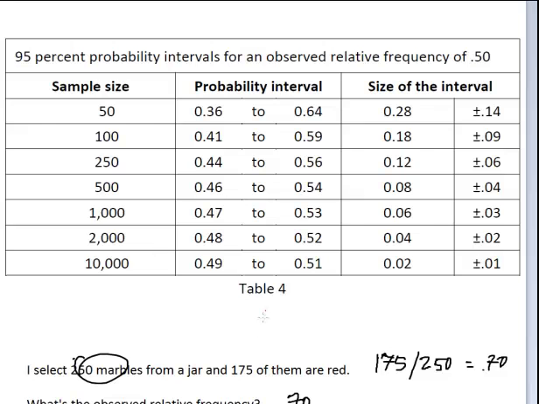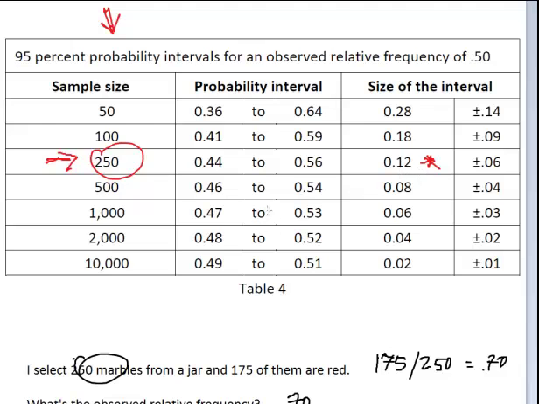So the first thing we look at when we come to the table is this column here. And we see we've got 250, so once we've identified our sample size, we're just going to focus on this row of the table. And what we want to know in particular, probably the most important value here, is this one right here. The size of our interval is going to be 12%.